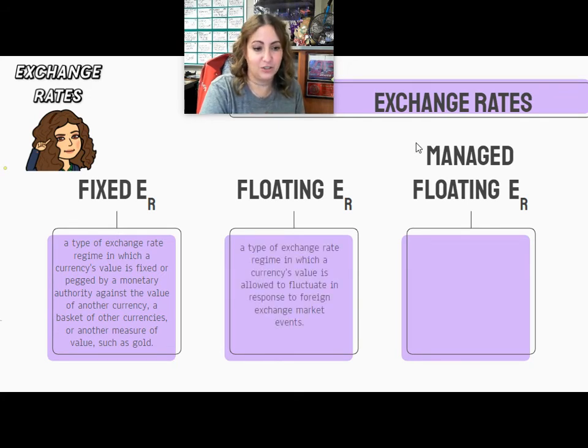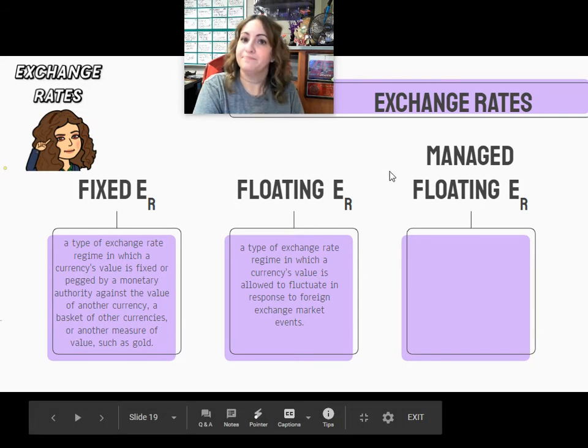A floating exchange rate is when a country's currency is completely allowed to fluctuate based on supply and demand, and there's no government regulation. The government does not put a cap on how high it can appreciate or how low it can depreciate. So no countries really have a floating exchange rate.